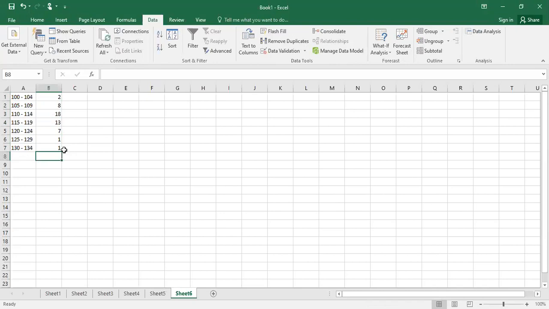So here, almost all our graphs are going to follow this method, writing the variable on column A and the frequency we want to use on column B. So I will highlight the 2 columns, and now I will go to Insert.